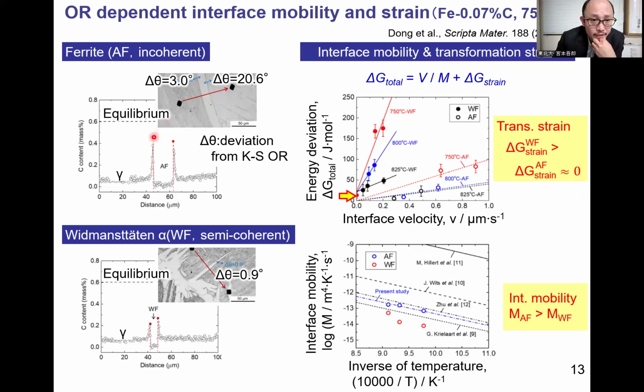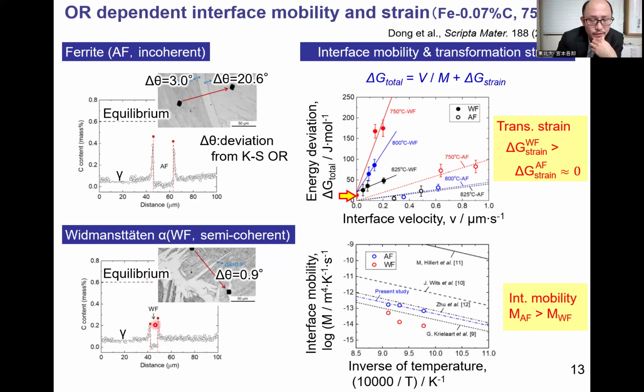And this is the carbon content measurement, and the interface carbon content deviates from equilibrium composition. And in the case of Widmanstätten ferrite, this Widmanstätten ferrite satisfies the case orientation relationship. And deviation from the equilibrium composition becomes greater than the grain boundary ferrite.